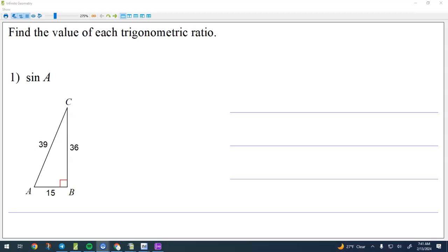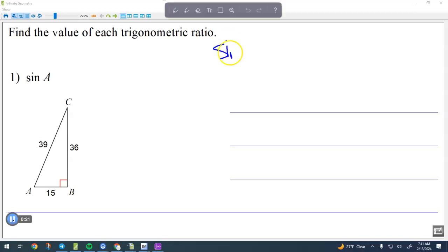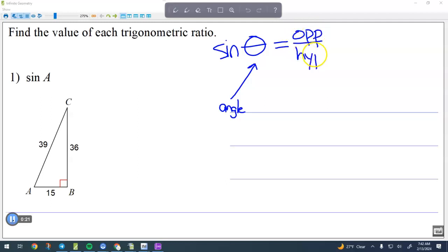Okay, at the top of your worksheet, and I'll put this on the board in a little bit, I want you to write sine of theta. All that means, theta just means angle, equals opposite over hypotenuse.